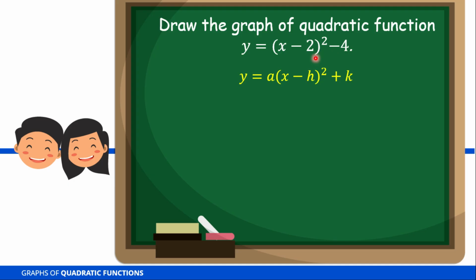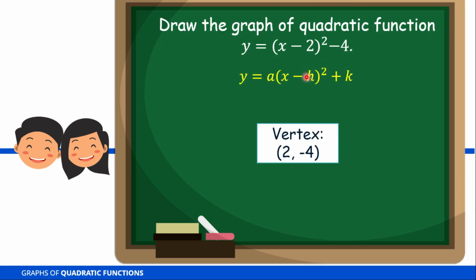So, ang h natin sa ating given quadratic function ay positive 2. Okay? Diba kapag nag-identify tayo ng h, kung siya ay negative 2 dito sa loob ng parentheses, sa ating sagot na vertex, positive 2 ang ating kukuhanin. Okay? Kasi minus, and then yung h natin, which is positive 2.